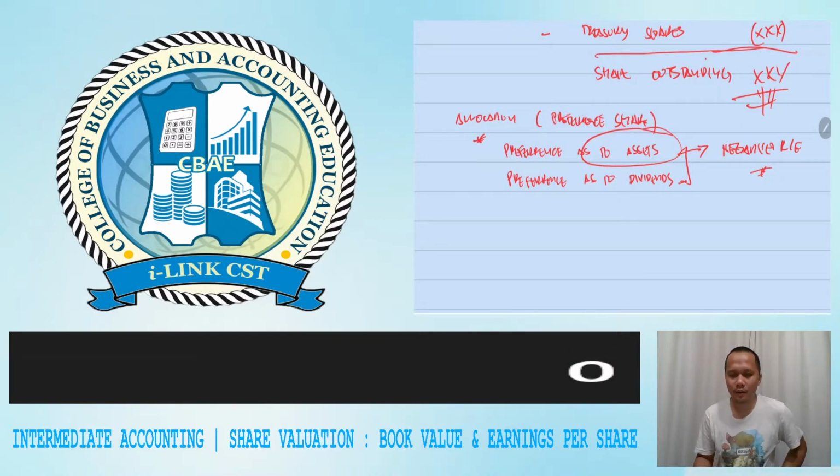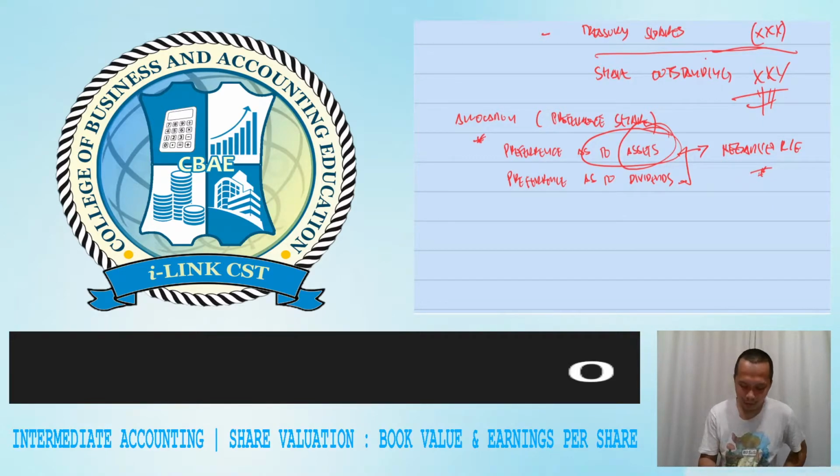Kasi nga, although let's say negative yung retained earnings natin or negative income, yung basis kasi, as long as we have assets in excess of the liability. Okay? And if mag-continue yung loss, yung pagka-negative niyan, the ordinary shareholders will bear that loss.